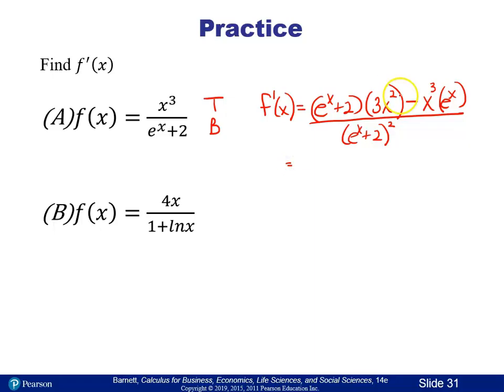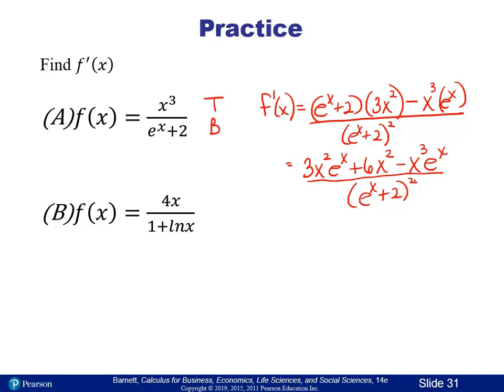Okay. If we wanted to simplify, we'd need to distribute here. So 3x squared e to the x, 6x squared, and then here it'll be minus x to the third e to the x. So we don't have any like terms to do anything with. So we're just going to leave it like that.